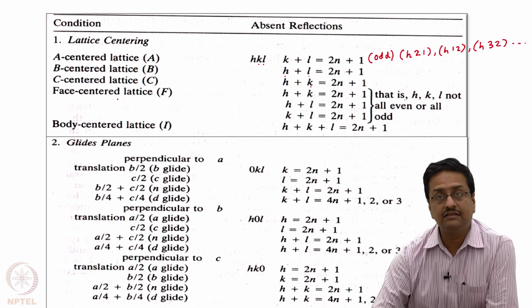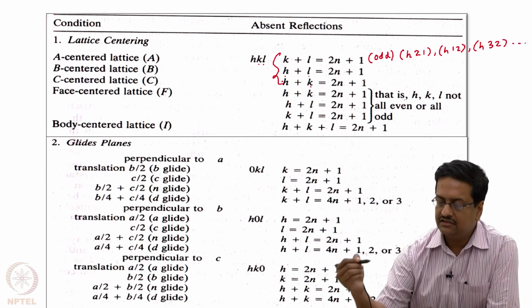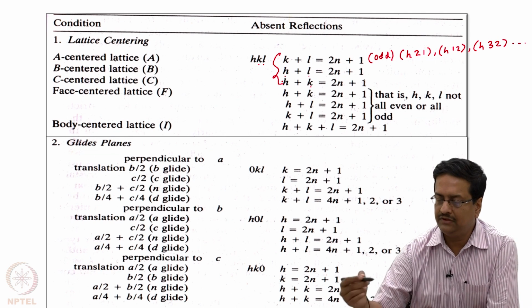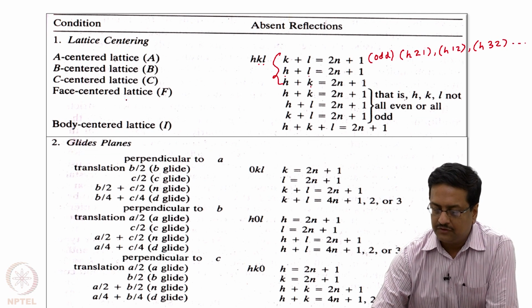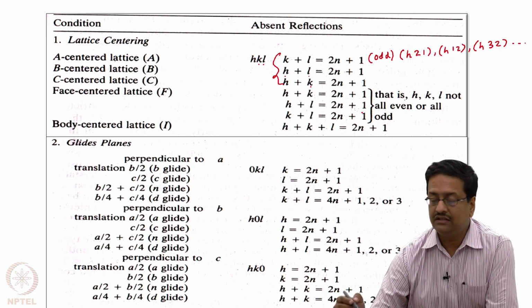Now, in case of a face-centered lattice, all the three conditions need to be simultaneously fulfilled, that means h plus k is odd, h plus L is odd, and k plus L is odd. That means h, k and L are not all even or all odd.